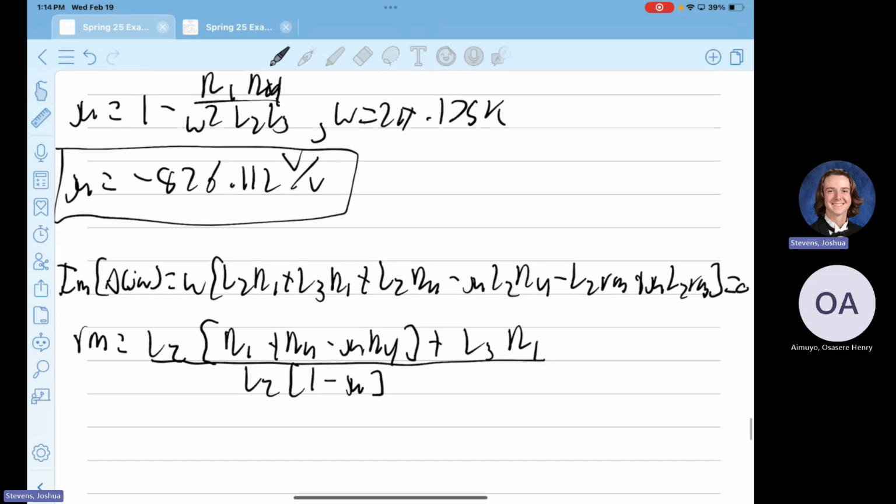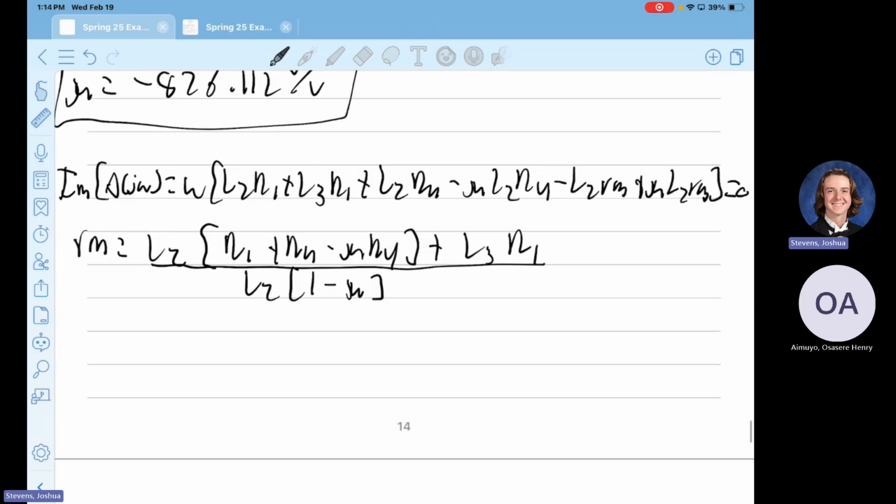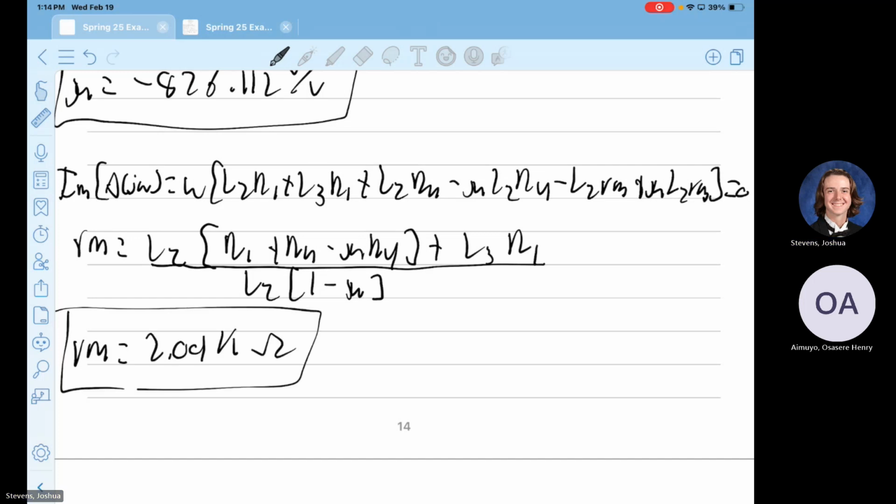Now you can derive that equation in any other way, just as long as you get an Rm of 2.001 K ohms. So I encourage you to manipulate that equation however way y'all usually do it, and hopefully get the same answer, because that is the correct answer.